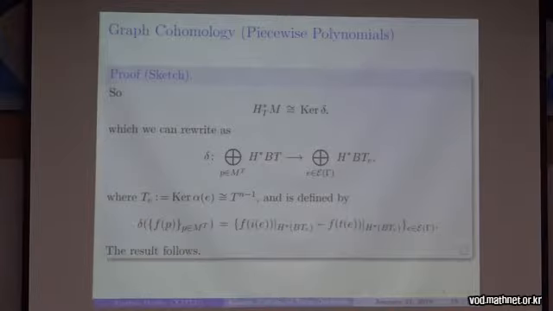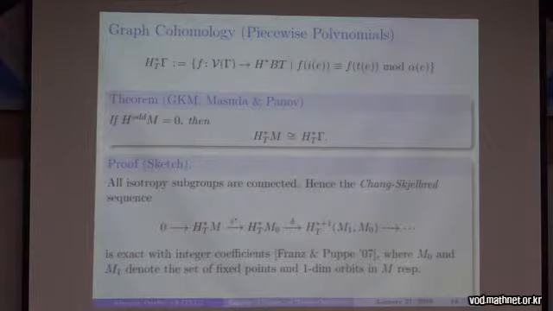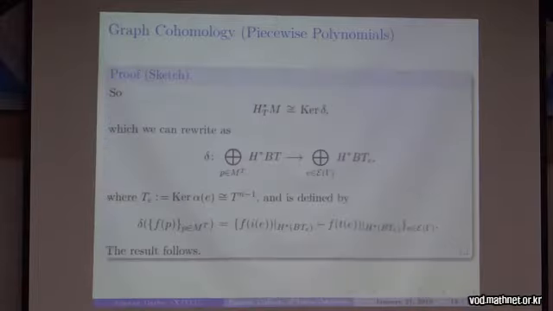And this is defined exactly so that the difference of the two labelings restricted to H star BT_E will vanish. Okay, so this kernel of delta is exactly the image of i star. We can describe it exactly as piecewise polynomials that agree up to some labeling.